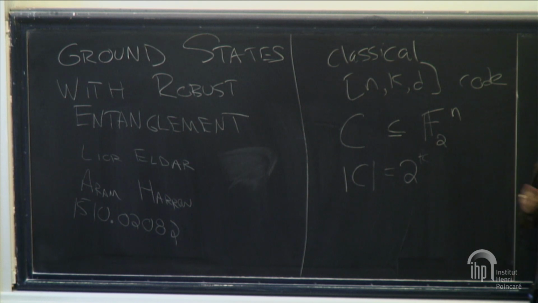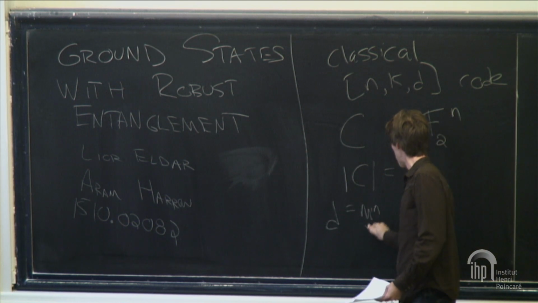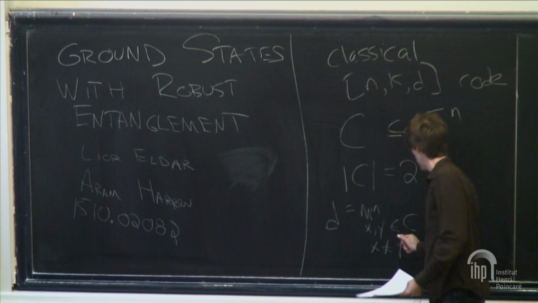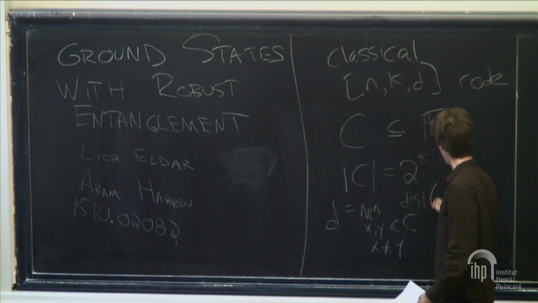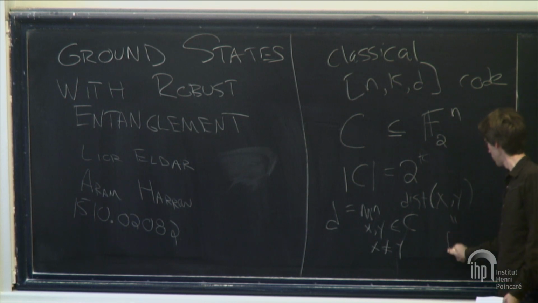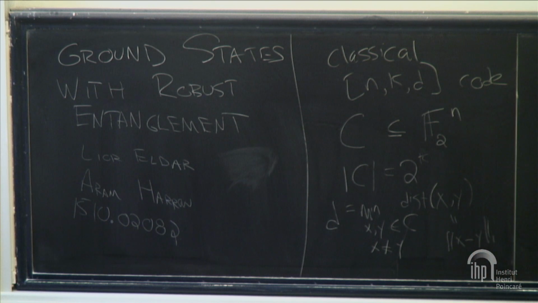And then the error correction property is expressed by this third parameter, the distance. So d is the minimum over points in the code that are not equal of the distance between these points. And by distance here, I mean the one norm, the number of positions in which they differ. So the distance means essentially the geometry of the code looks like this.